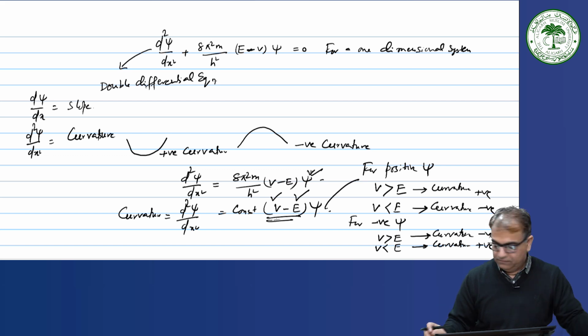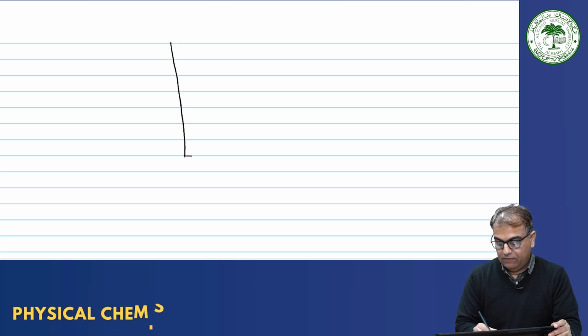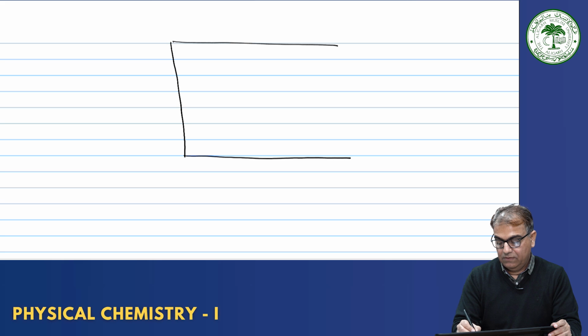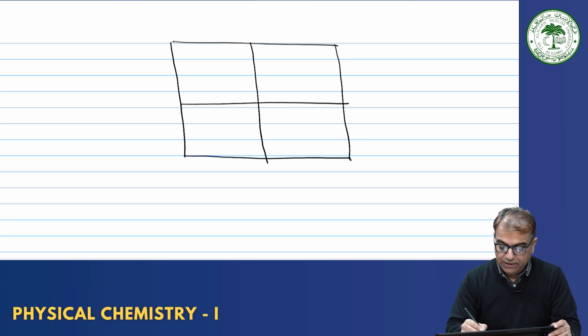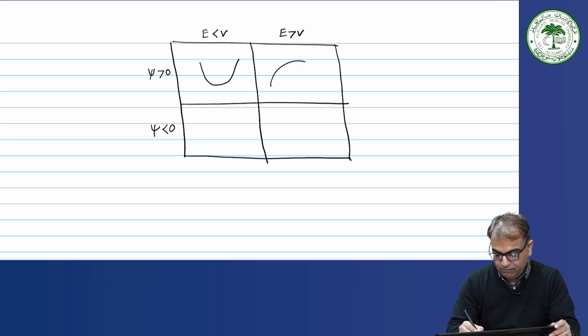Let's see, we can draw a graph. We can take E greater than V and E less than V, and psi greater than 0 and psi less than 0, meaning psi is positive or negative. So what should the different shapes be?